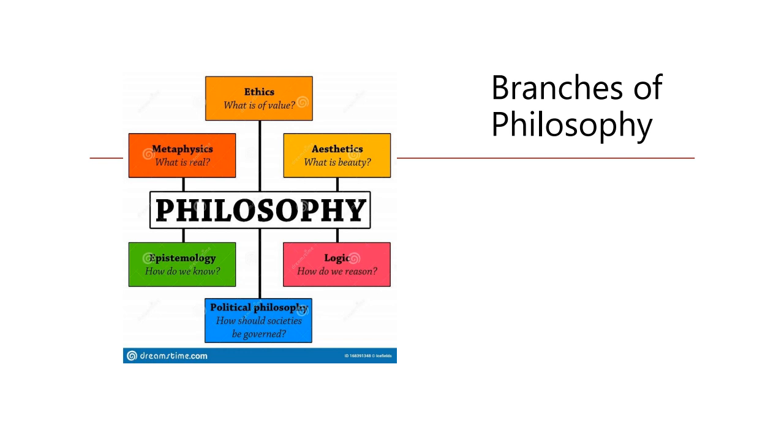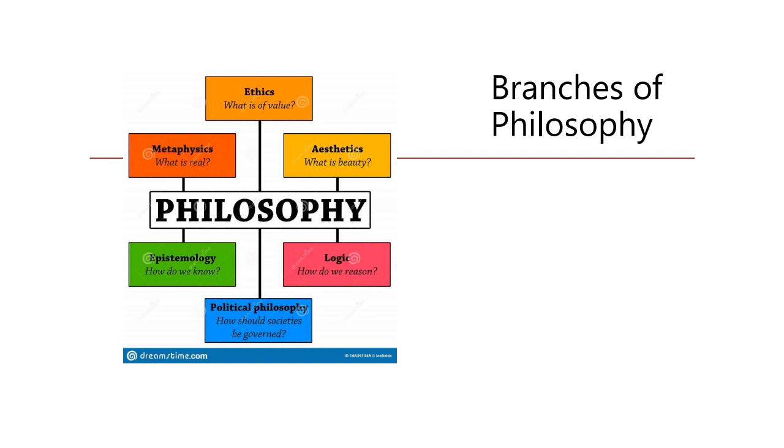So if we go look at the branches, some websites will give you a little bit more, some will give you a little bit less, depending on which one you're going on. But in general, we start off with metaphysics, which deals with what is real, what is actually really going on. We've got ethics that deals with what is the value of something.